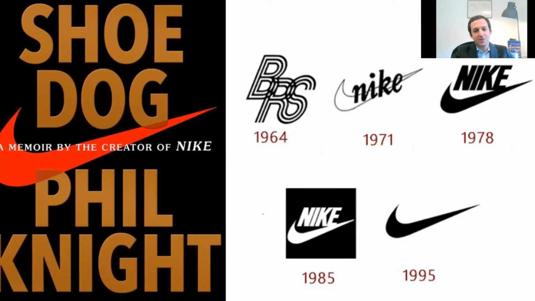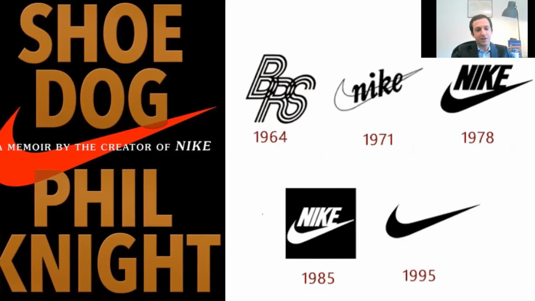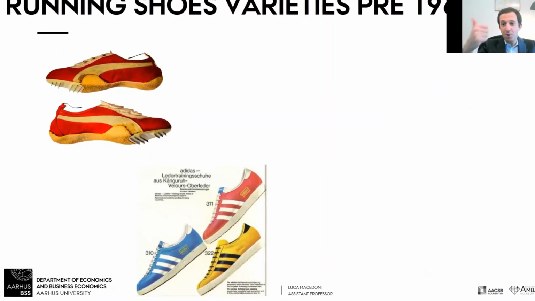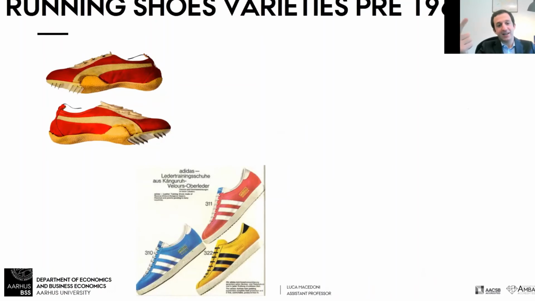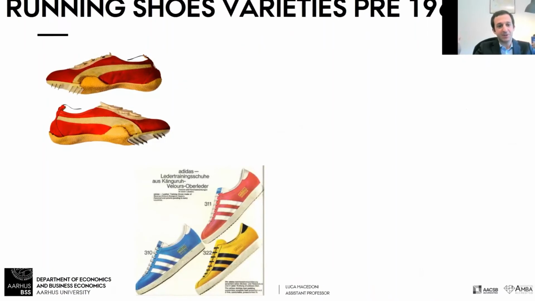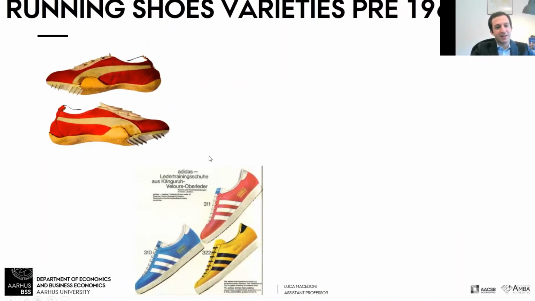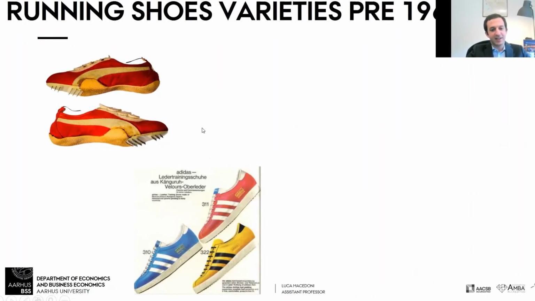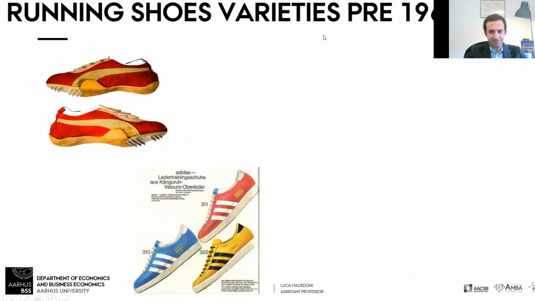So how many varieties were there of running shoes in the 60s in the US? Well, according to Phil Knight, just two, really: Puma and Adidas. That was it. And these are the versions from 1968 at the Mexican Olympics.